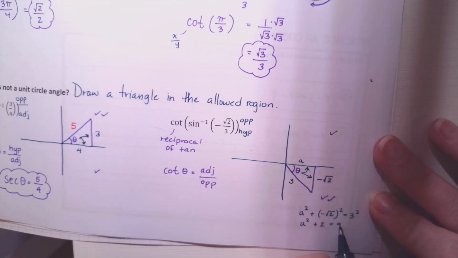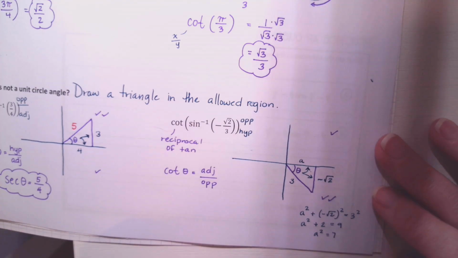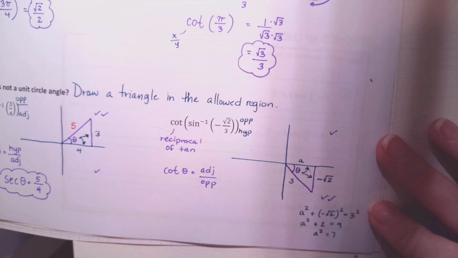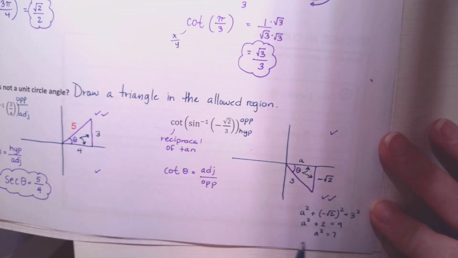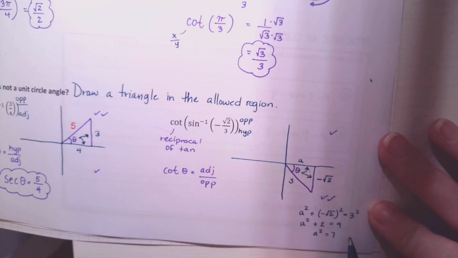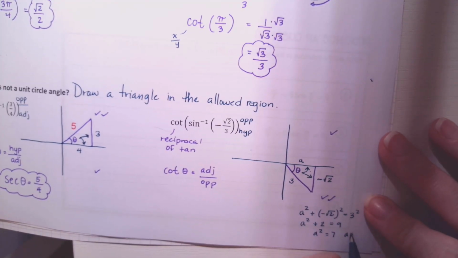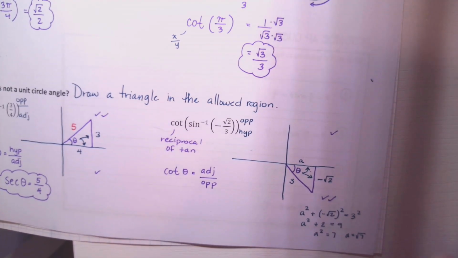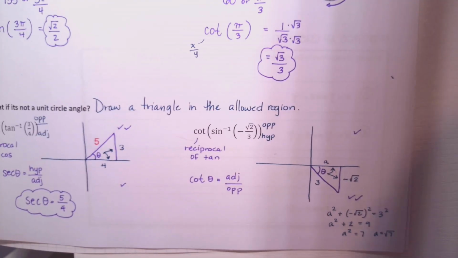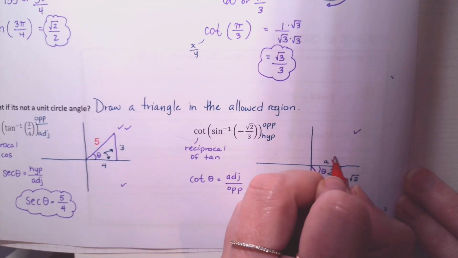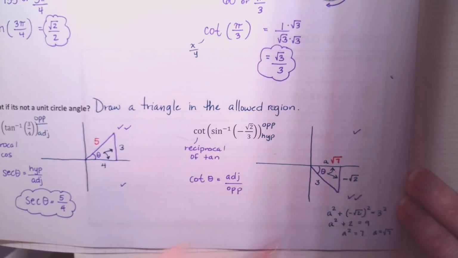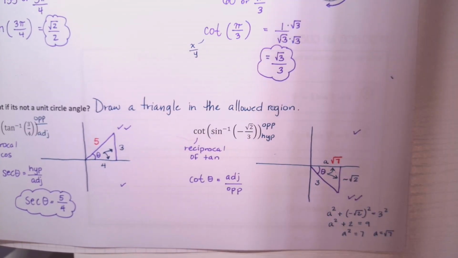Equals 3 squared, which is 9, which means a squared is 7, which means a is square root of 7. So now we know a is square root of 7. I'll label it. And because it goes to the right, that is a positive number, so we are right to write down the positive number. So now I can find the cotangent of this angle.